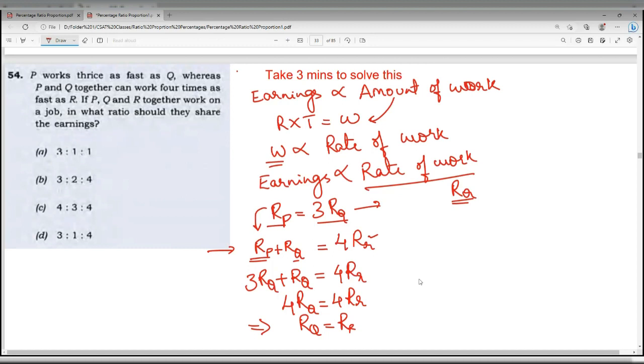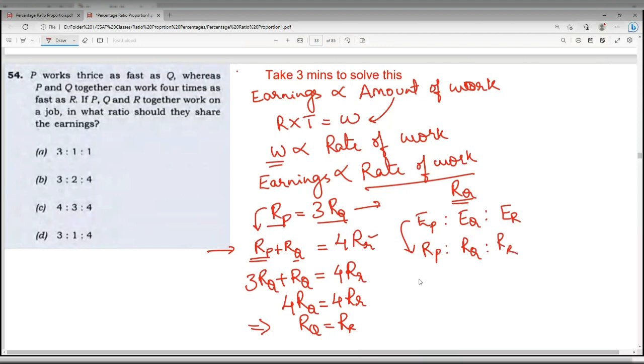So we need to find out the earnings of P is to earnings of Q is to earnings of R. And this would be equal to the ratio of the rates, RP is to RQ is to RR.